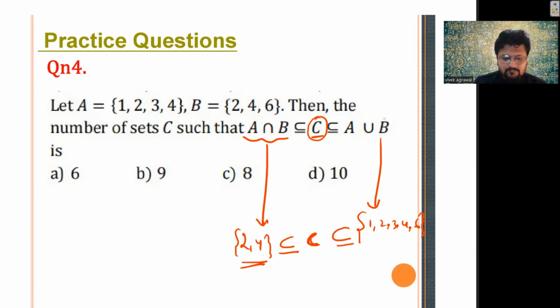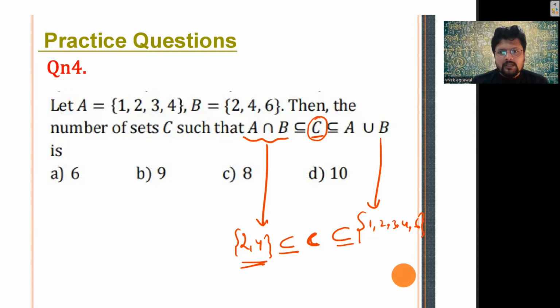Maybe I am wrong. Anyone else? 2 and 4 will be fixed. So 1 plus 3C1 plus 3C2 plus 3C3. I don't know the numerical answer. 8. It should be 8, right?